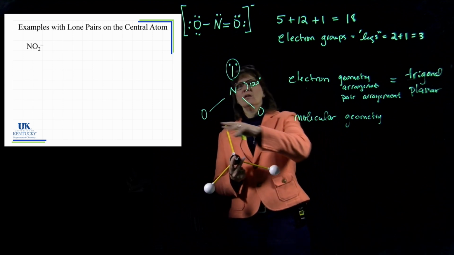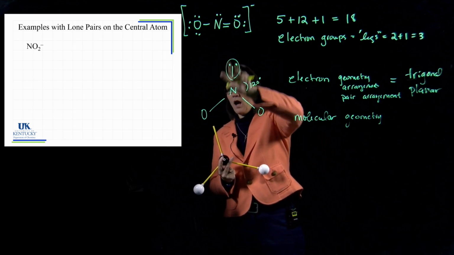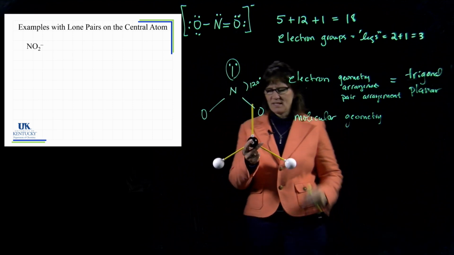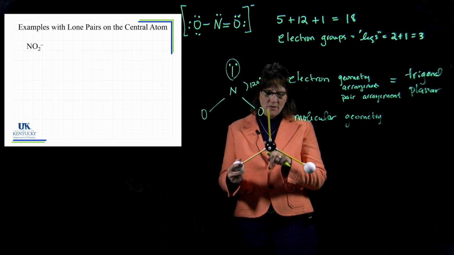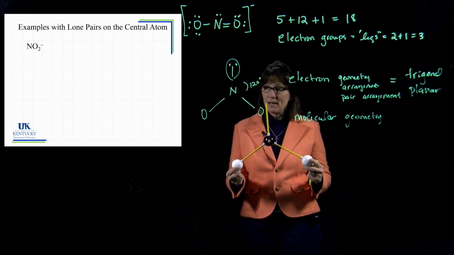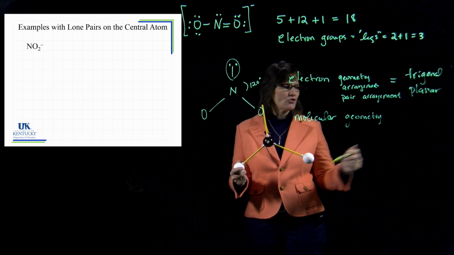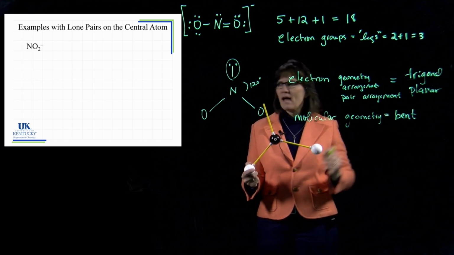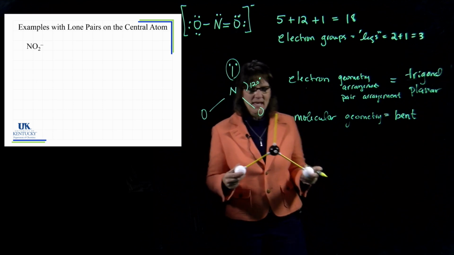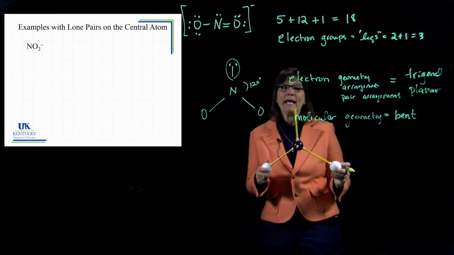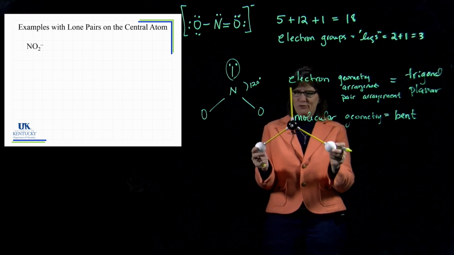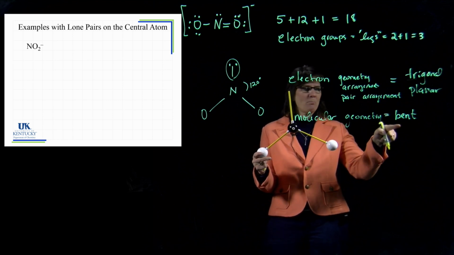So you would ignore the lone pair, only look at the atoms, and then there is a name that emerges from just the atoms. So I have these 3 atoms. They're not in a straight line. If they were in a straight line, it'd be called linear. When they're not in a straight line, it's called bent. Now I've seen some books try to make this sound sophisticated, and they call it angular, okay? We won't call it angular, we'll call it bent. It is 3 things that are not straight, so it is bent.